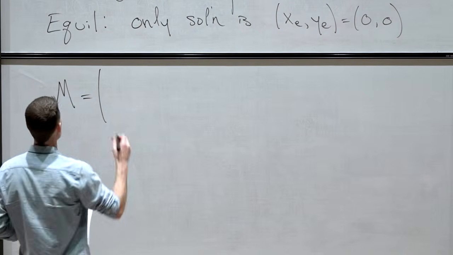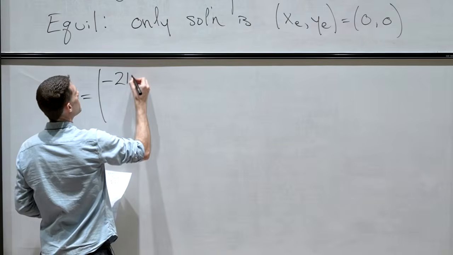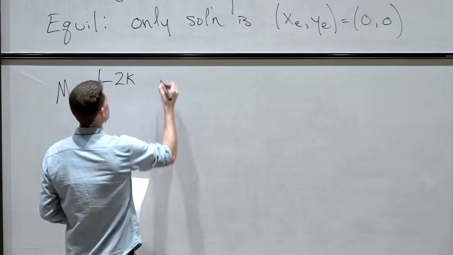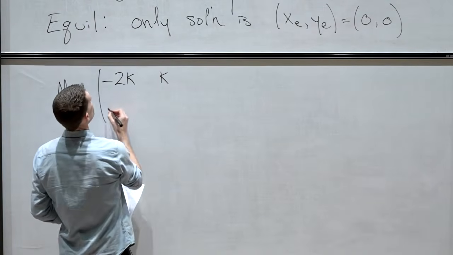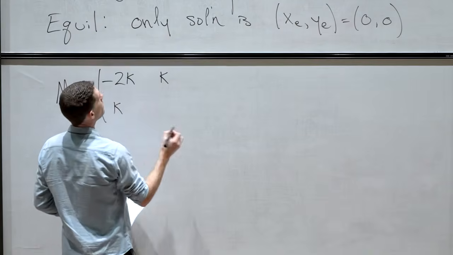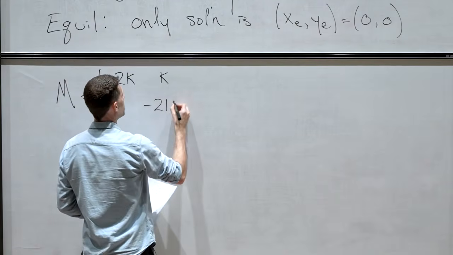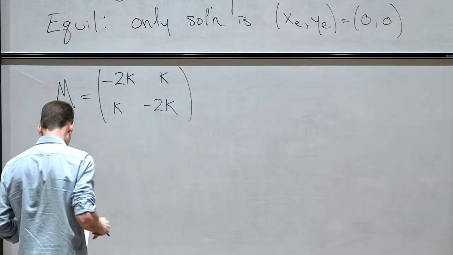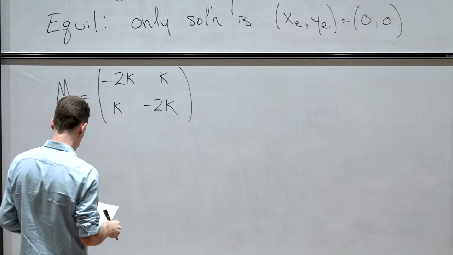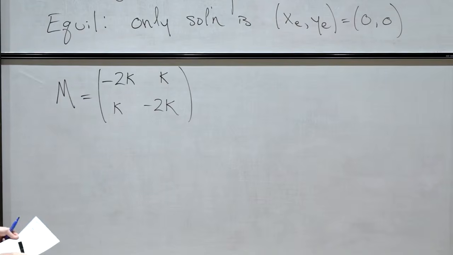So I get minus 2k, k, k, and minus 2k. Not quite that, actually.